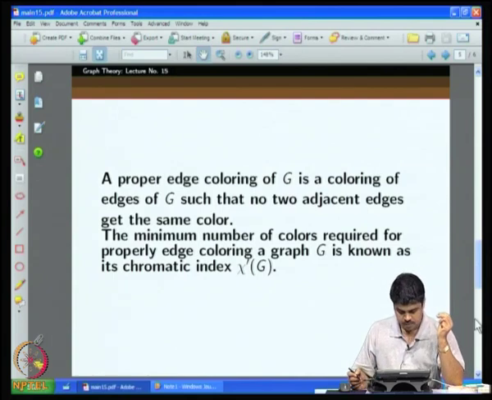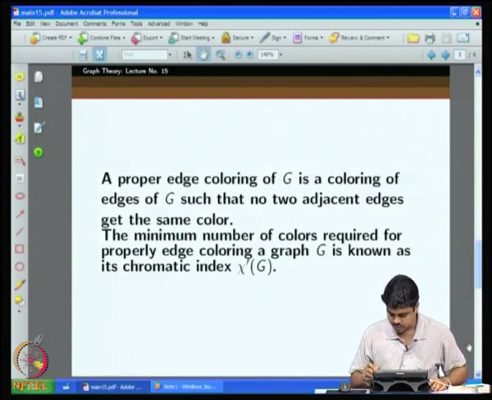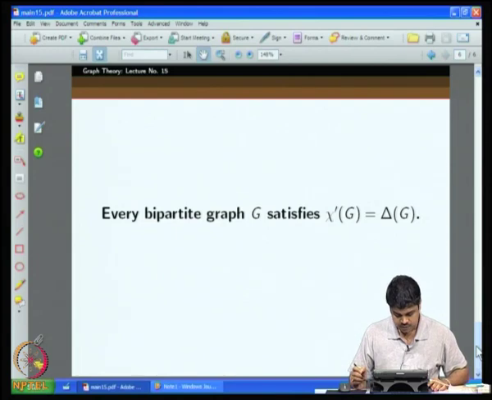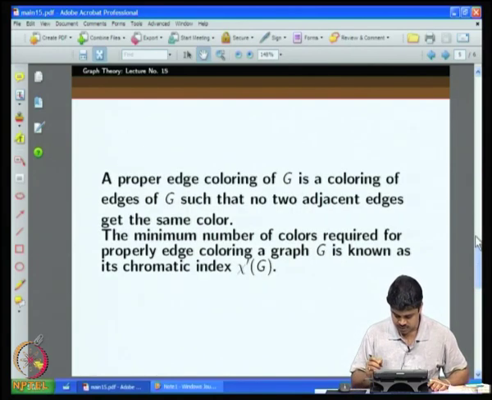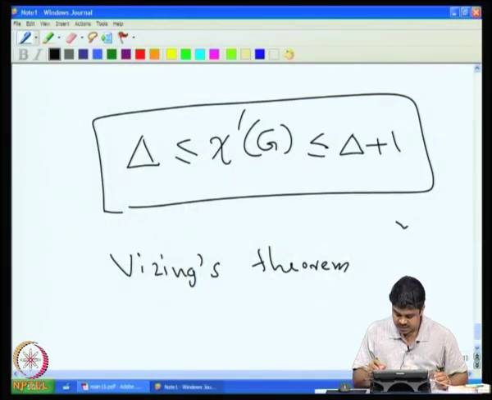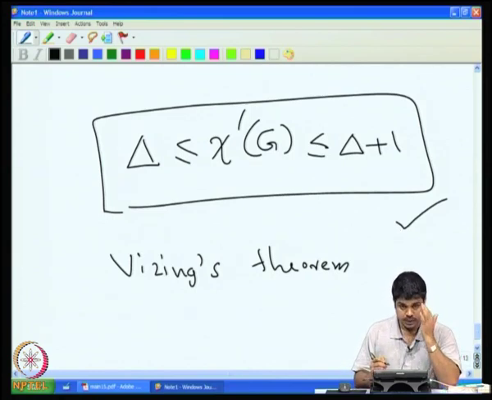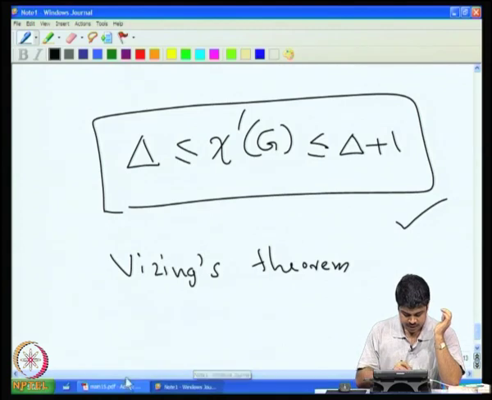This is about proper edge coloring. So the definition of the proper edge coloring I have told, and Vizing's theorem we will prove in the next class, after proving one special case of it, namely the bipartite case.